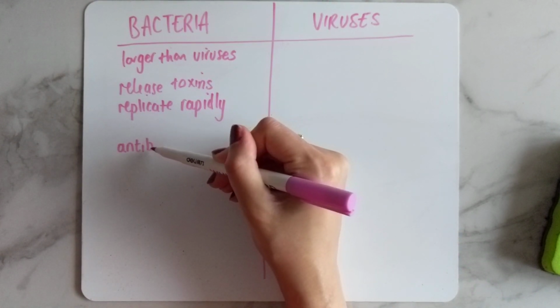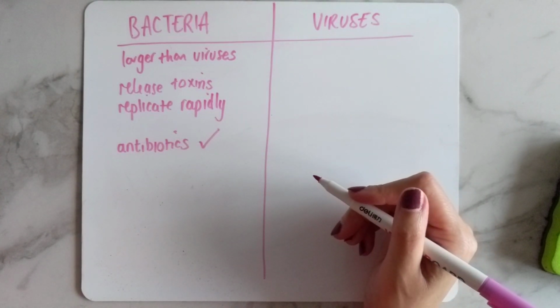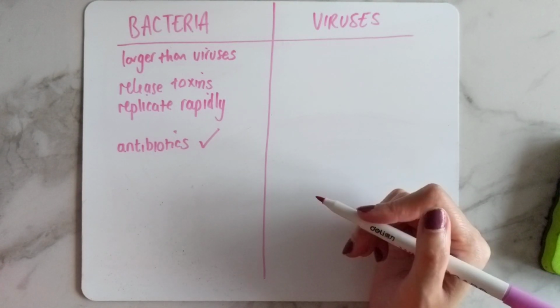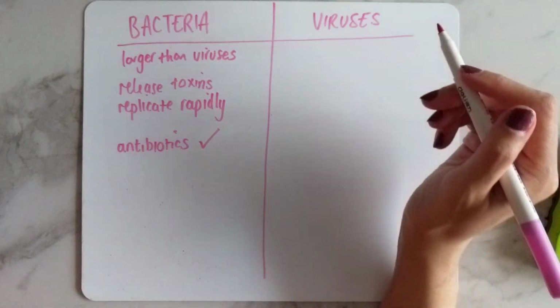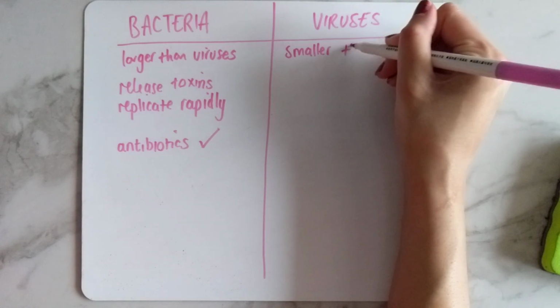Antibiotics do work against bacteria. So if you go to the doctor and you've got a bacterial infection, the doctor will give you antibiotics and that will clear up the bacteria. Viruses, on the other hand, are smaller than bacteria.